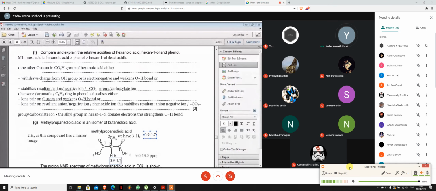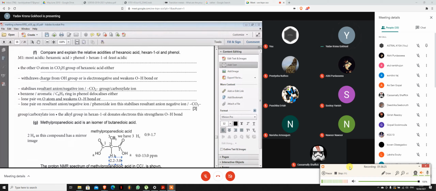So this one is 2.2 to 3.0 because it is next to a C double bond O. It may be greater than 2.2 to 3.0 because in 2.2 to 3.0 we have only one oxygen, but here we have two oxygens because it is a carboxylic acid. The CH3, it is an alkane, 0.9 to 1.7, but it will be close to the 1.7.